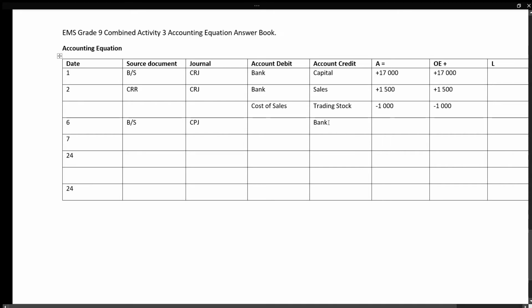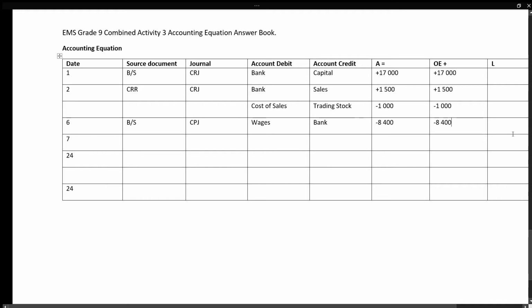Right, bank is classified as an asset, and assets decrease in the credit side, therefore minus 8,400 Rand will go out of my bank. Why? Because I paid wages. Wages is classified as an expense account, and expenses will increase in the debit side, and expenses will always have a negative influence on my owner's equity.